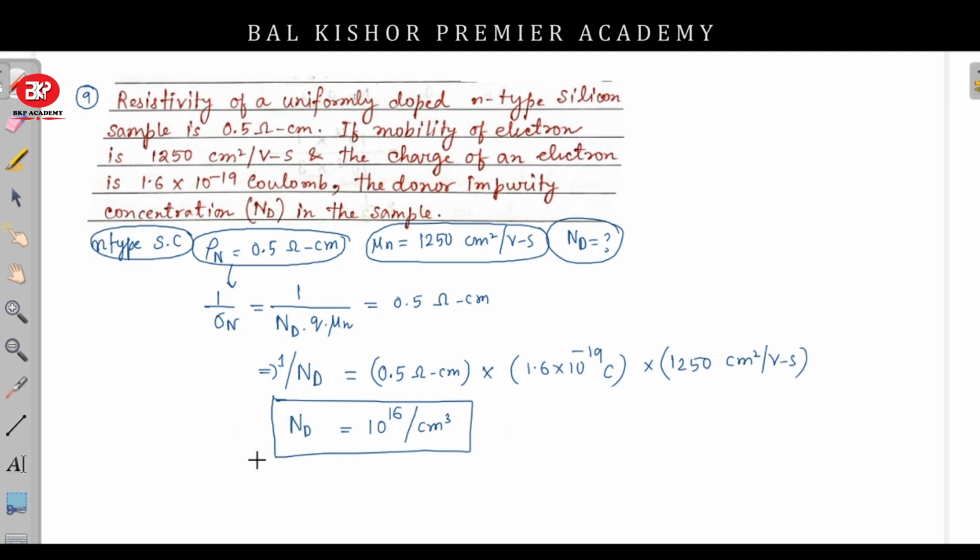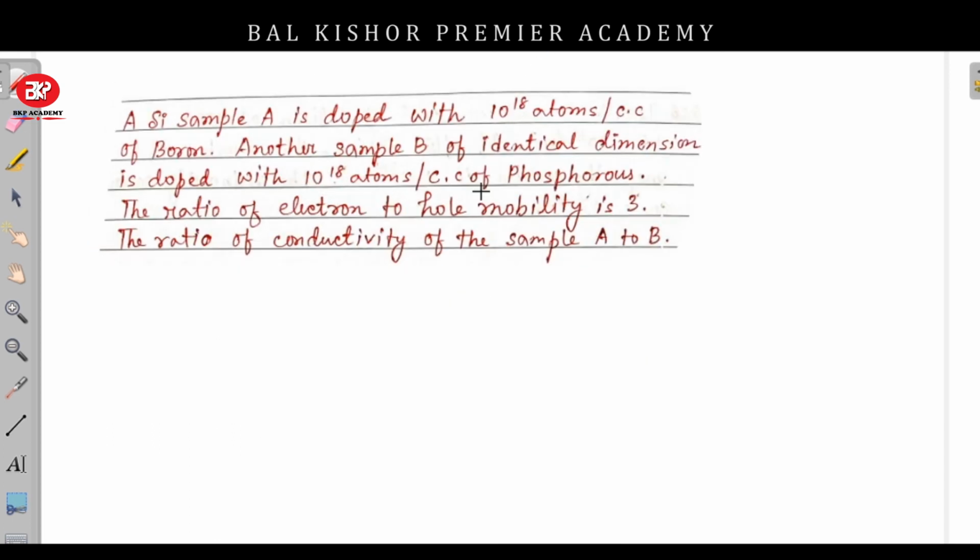In the next numerical, a silicon sample is given. This is the 10th numerical.